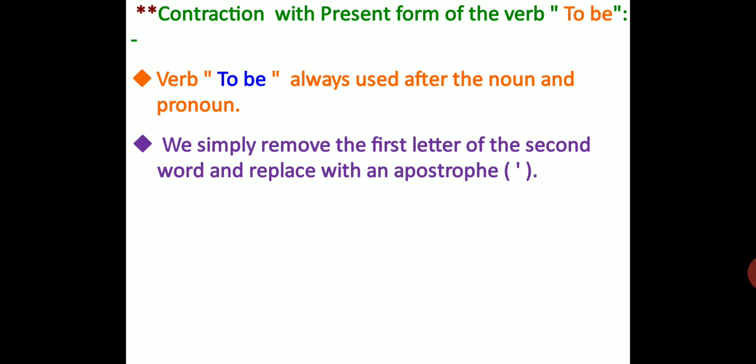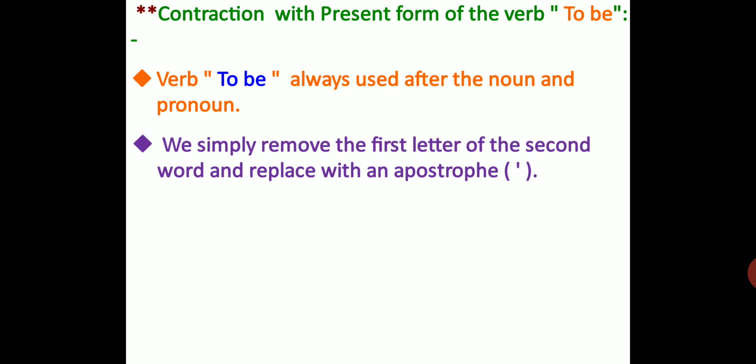Means when two words are together, the first word may be a noun or pronoun and then the second word is the verb to be.